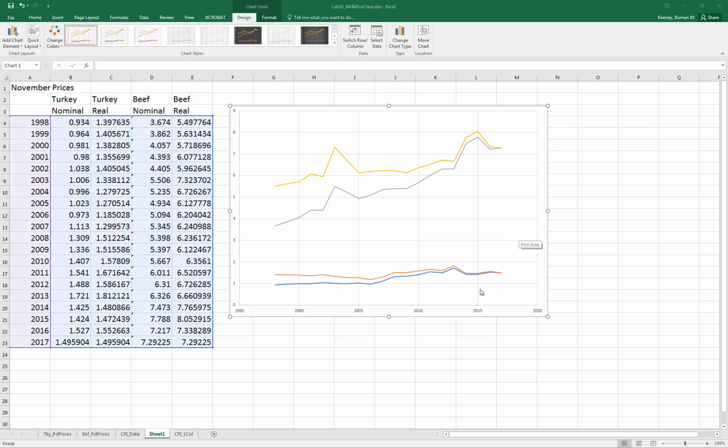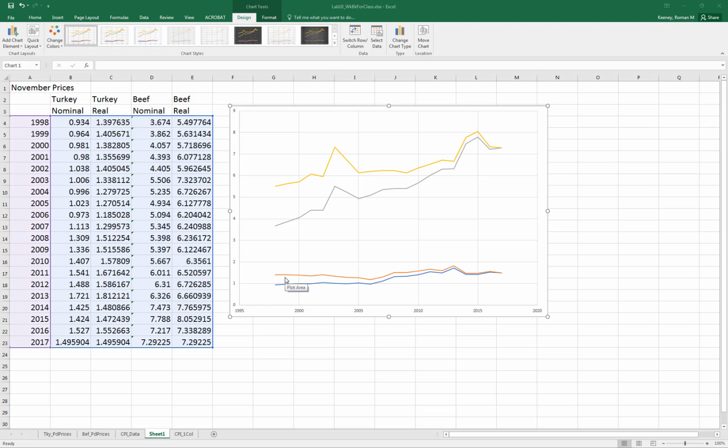Okay, so what you have now is turkey prices, beef prices. Beef prices are more expensive. If you follow through with the blog post, you could divide these prices by these prices and get the ratio of prices.